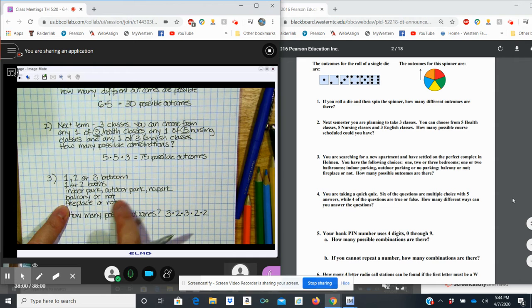It's just about the different combinations I could get. How many possible combinations are there? If I just do that, I've got 3 times 2 times 3 times 2 times 2, or 9 times 8, which is 72 possible outcomes.